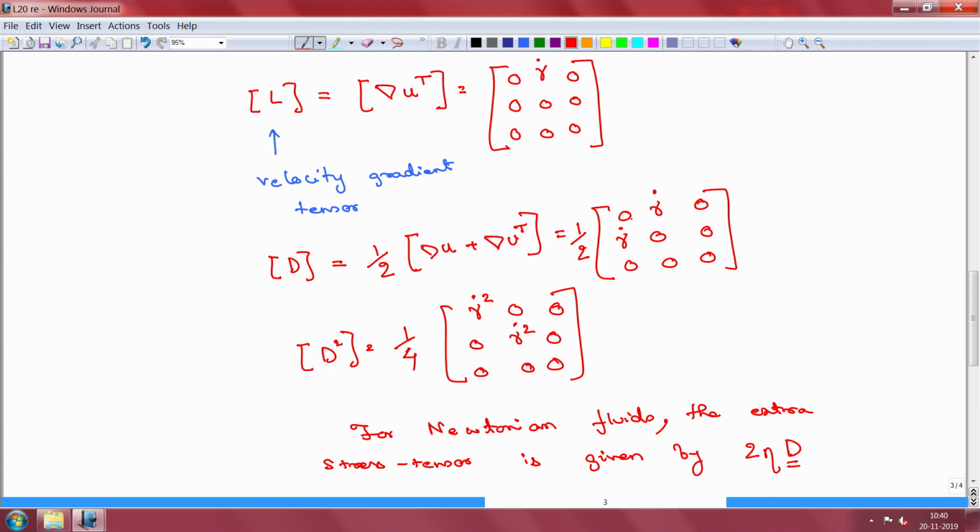So the normal stress terms for a simple shear flow for a Newtonian fluid are such that, when you calculate the total stress, the normal stresses will only be minus p, minus p, minus p. So all the normal stresses are actually equal in that case.